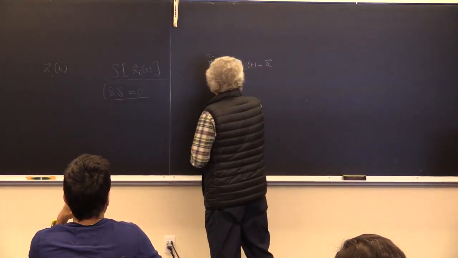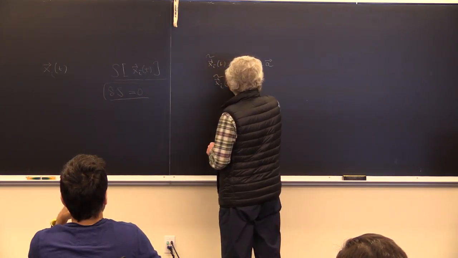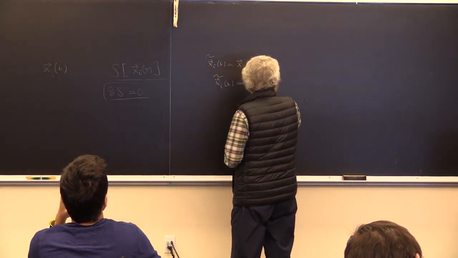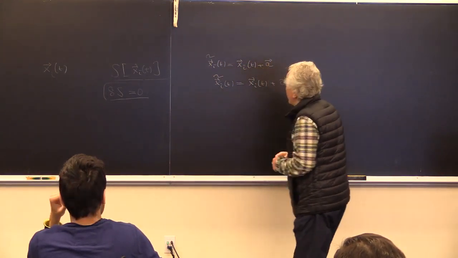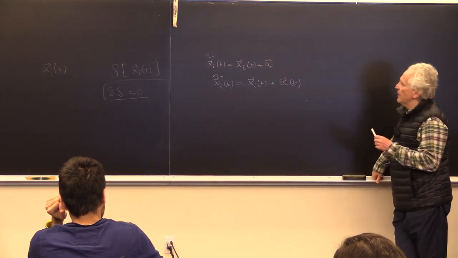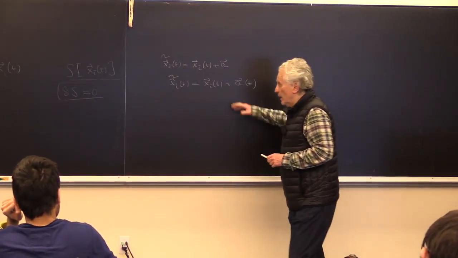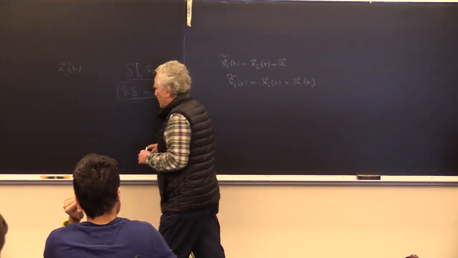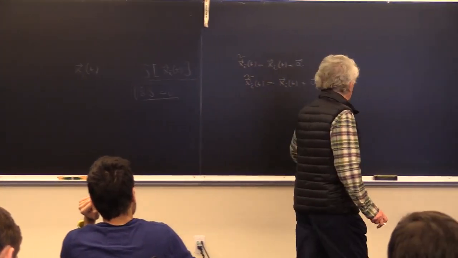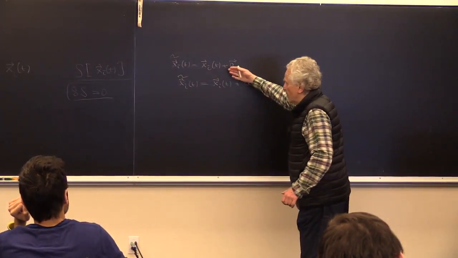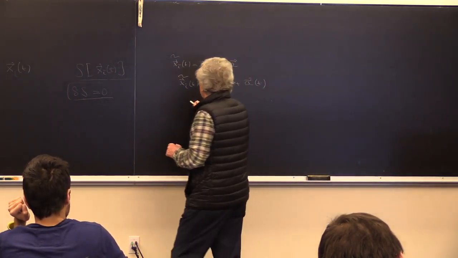Gauging means that you make the parameter time dependent, and let's see how the action changes when the translation parameter is time dependent. And by the way, of course, the same strategy applies to all symmetries, as we discussed. Translations are the simplest, but there are rotations and so on.